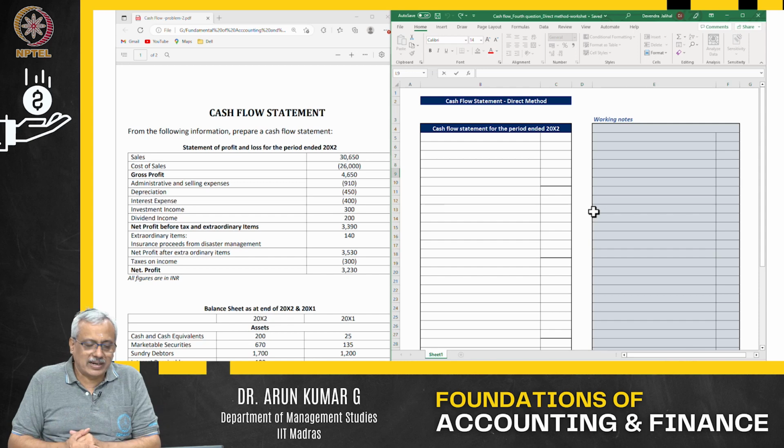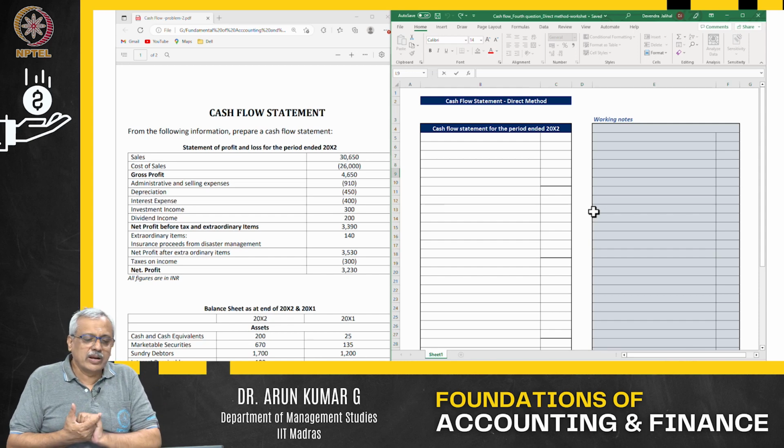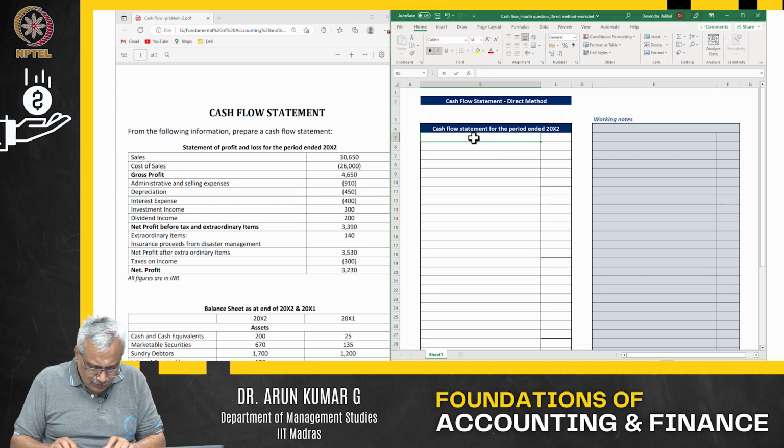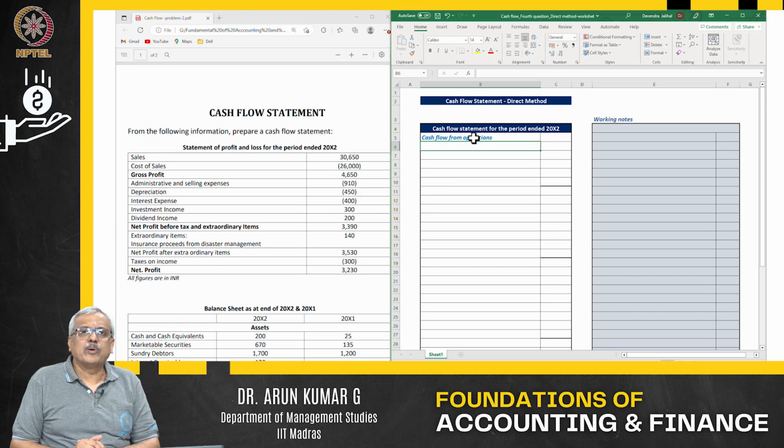I am just dividing the screen. As a first step under the direct method, we say cash flow from operations. Let us look at cash flow from operations.